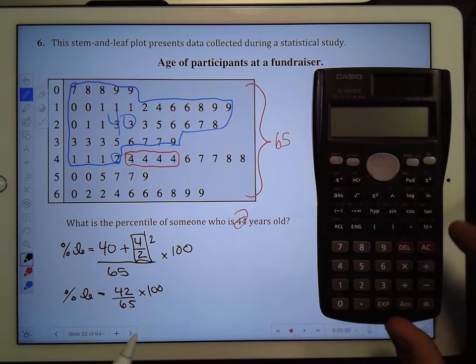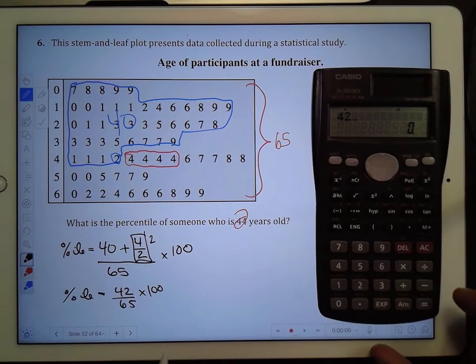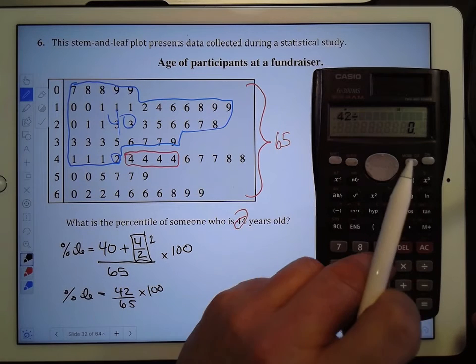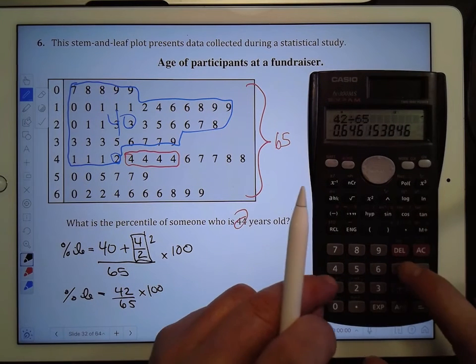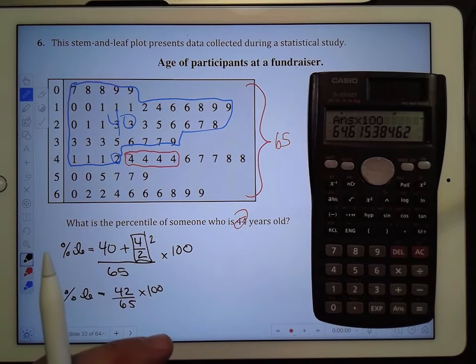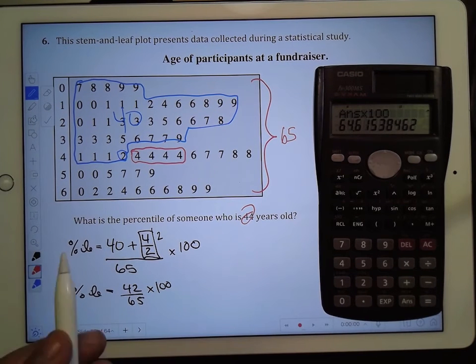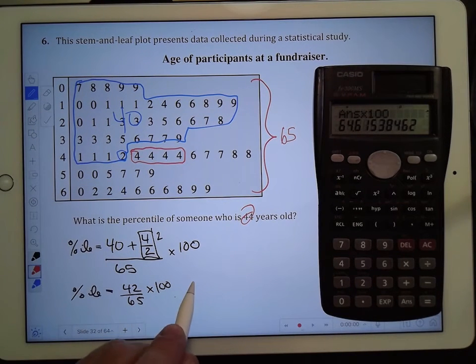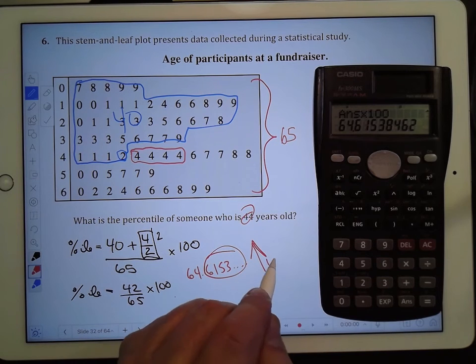So we come over to the calculator, and we'll go 42 divide that by 65, which gives us that crazy decimal right there, times it by 100 is equal to 64.615, etc. And we remember, always, always, always, when we're calculating percentile, regardless of what that decimal is, we are always going to round up, always.